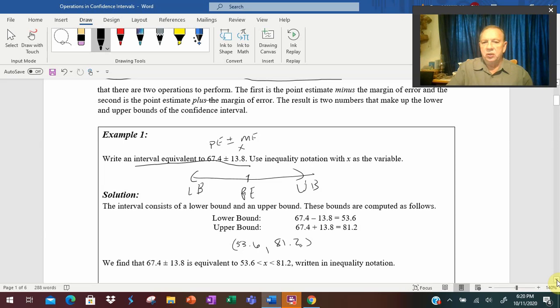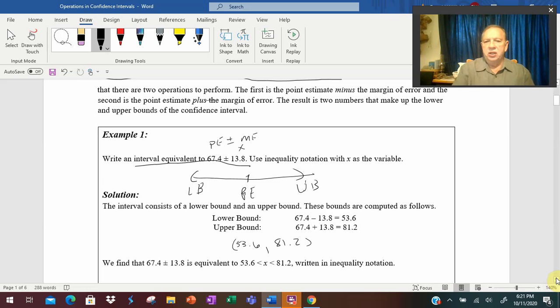If I wanted to include them, with the equal signs here, I would use a little bracket at the endpoints, but it's not. Okay, so that's strict inequality for the 53.6 and the 81.2. And if I drew a number line, naturally the 67.4 would be right in the middle of that.